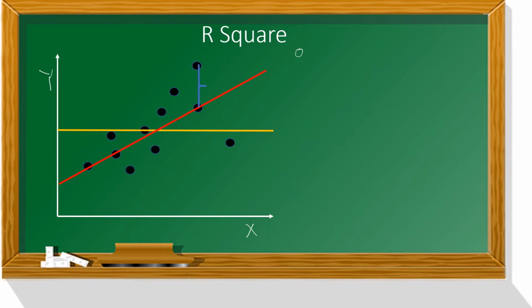But the question remains, is this red line better than the yellow line? That means the mean line. How much better is this red line in comparison to the yellow line in predicting the future value of y given a value of x? For that particular purpose, we need to understand the calculation of R square.